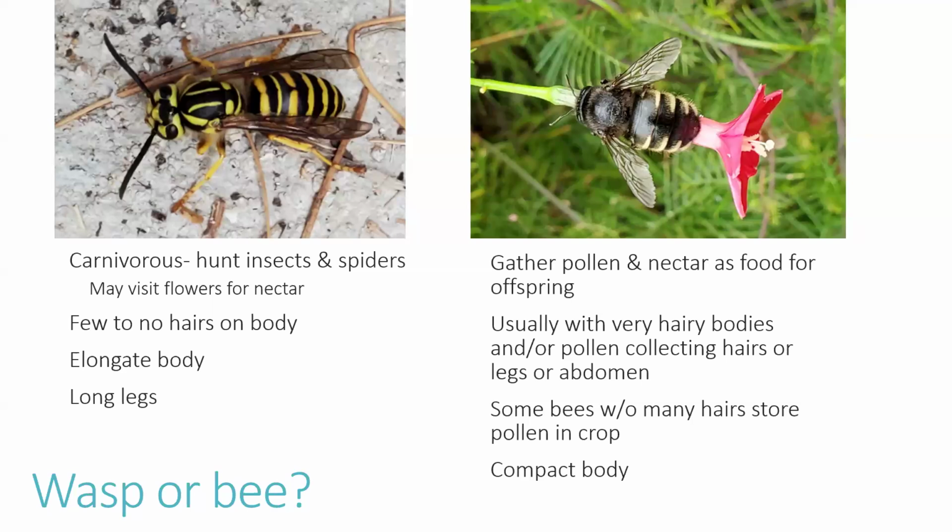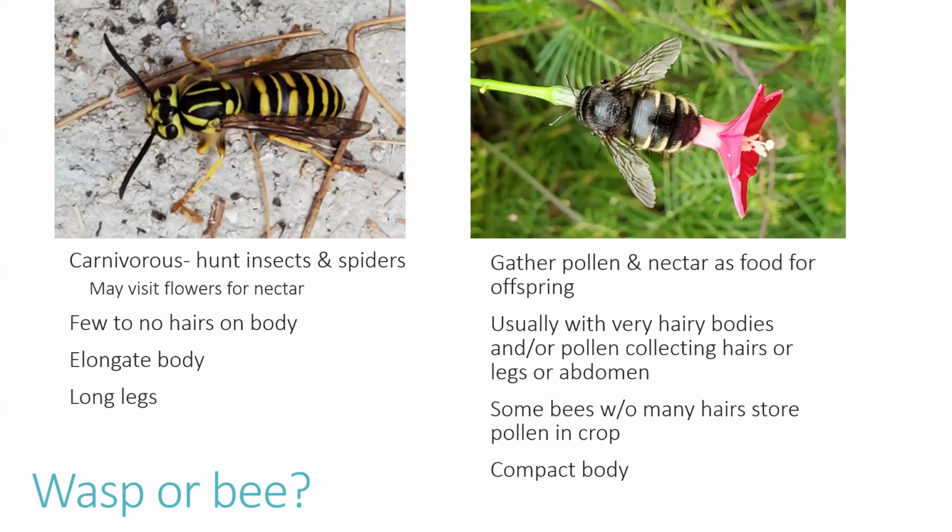They tend to have longer legs, but unless you are comparing them side by side, that can be a very difficult thing to discern. They are going to have either few to no hairs on their body. And when they do have hairs, it's usually not a lot of hairs.